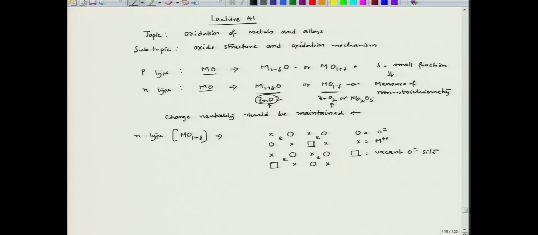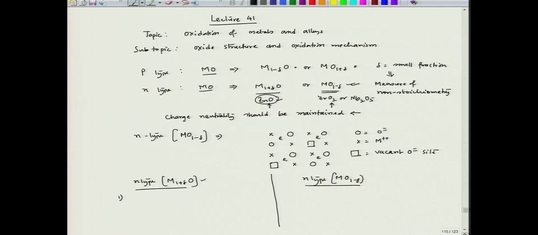If I try to compare these two situations, one is N type where M1 plus delta O, that situation, and the other is N type where MO1 minus delta, this situation. If we go back to the last part of lecture 40, you would understand why there should be interstitial cation in this situation.